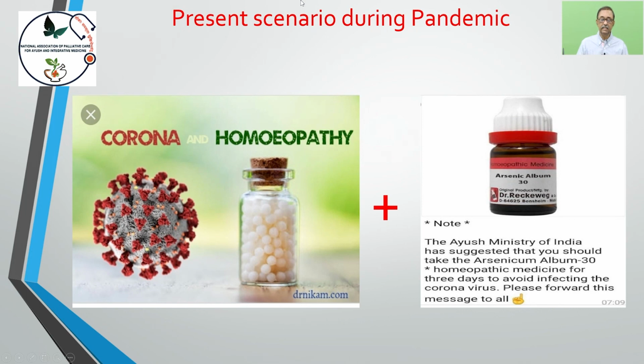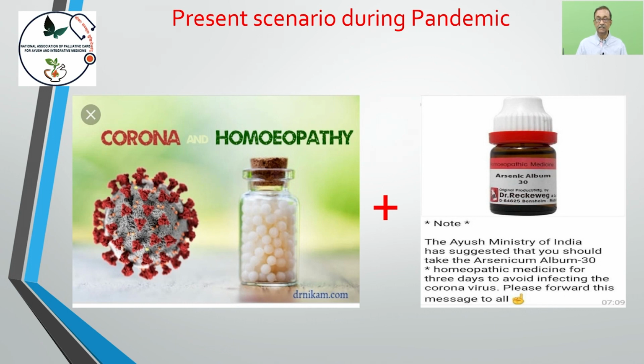What is the present scenario during the COVID pandemic? We have experienced the drastic result that has come as the uninvited guest of the pandemic COVID-19, coronavirus. The Ayush Ministry of India has suggested that you should take the Arsenicum album 30 homeopathic medicine for 3 days to avoid infection by the coronavirus.